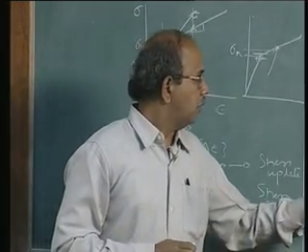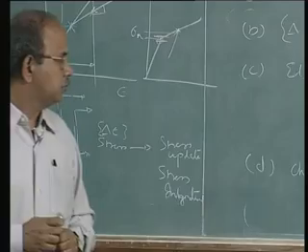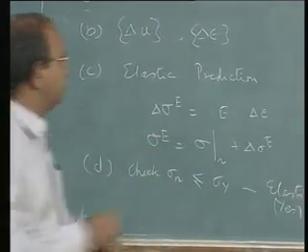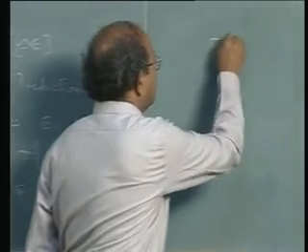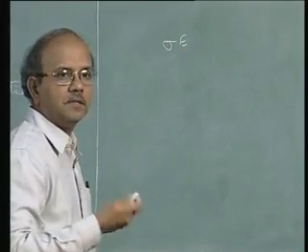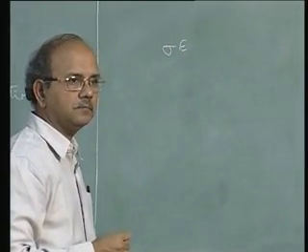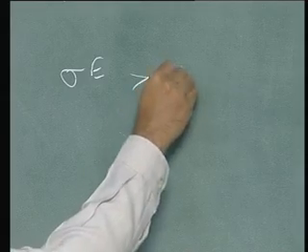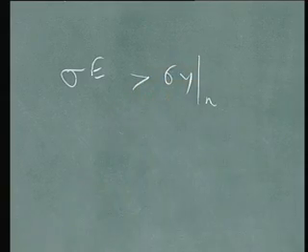Okay. Now, we find out with sigma e whether sigma e has now crossed the yield point, right. So, whether sigma e is greater than sigma y at n.